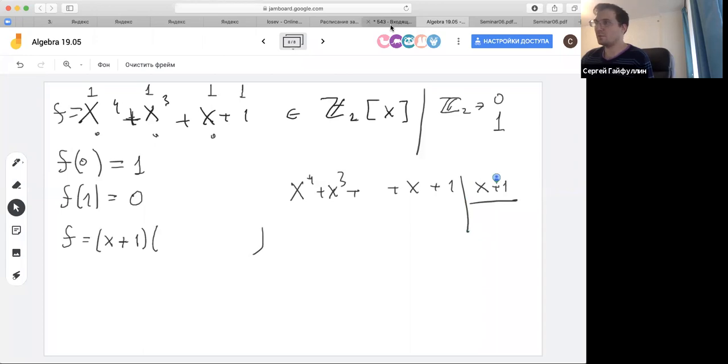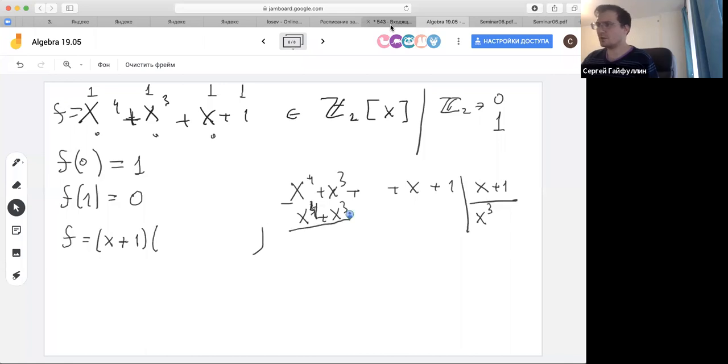So we begin with x cubed: x to the fourth plus x cubed. Here it is minus, but I can say plus.